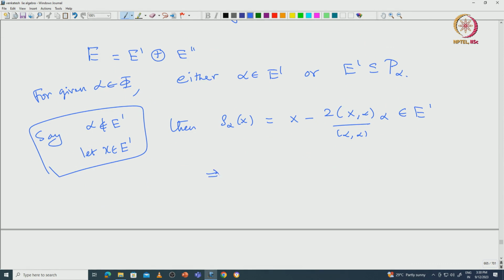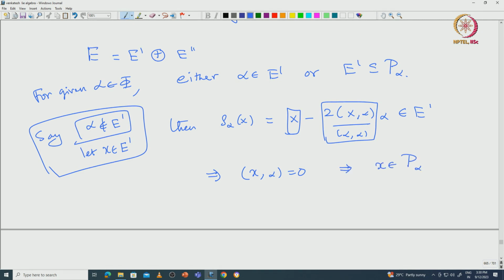Then this forces the inner product (x, alpha) to be 0, otherwise this term will be non-zero. Since x is inside and this sum is inside, that forces alpha to be inside E dash, but we assumed alpha is not in E dash. So, we immediately get x is inside P alpha, which forces E dash to be a subset of P alpha.